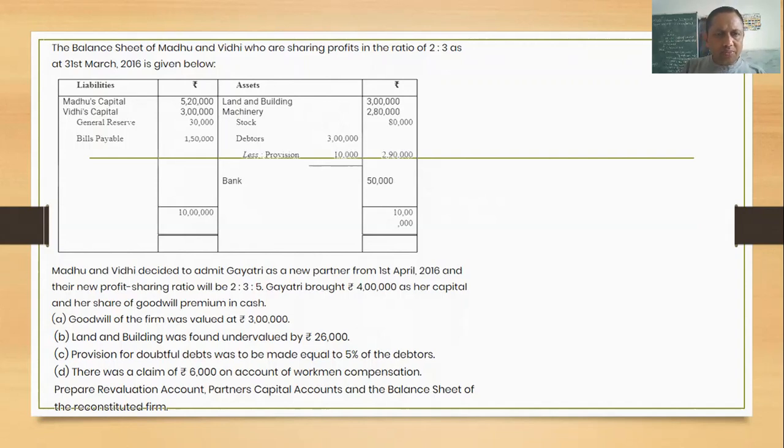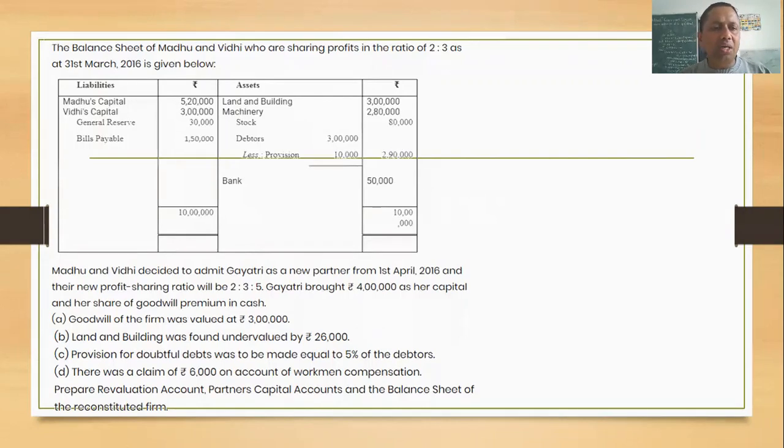At the end, the last point is that there was a claim of 6,000 on account of workman compensation. Workman compensation is not shown on the liability side of the balance sheet in this question, so the value of liability is increased. Earlier we discussed while preparing the format of the revaluation account that when the value of a liability is increased, it is shown at the debit side.